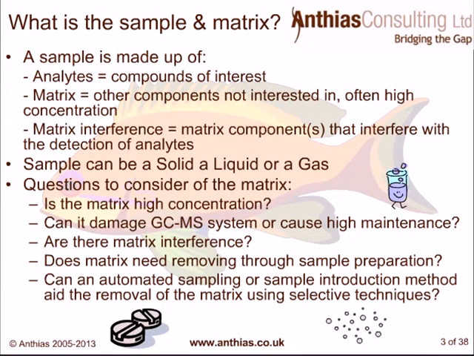If we do need to do sample preparation, and we've got lots of samples, can the system be an automated sampling or sample introduction method? And this could then aid the removal of the matrix using selective techniques. So, as far as possible, we could want to try and automate our sample preparation. And there are many different instruments and different techniques that can enable us to do that.